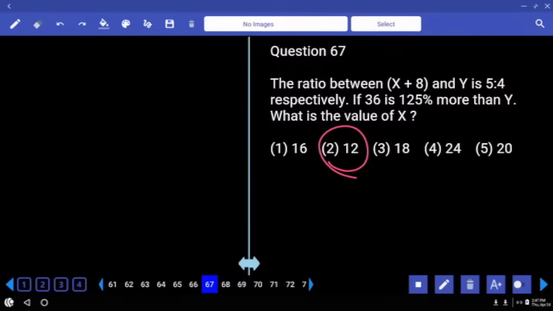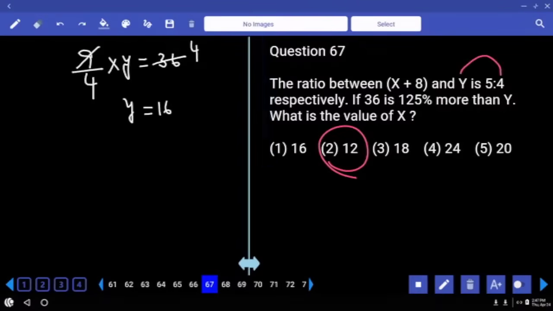If it is 125% more, that will be 225%. 225% we can write as 9/4 in fraction. 9/4 of y is equal to 36. Y is equal to 16.